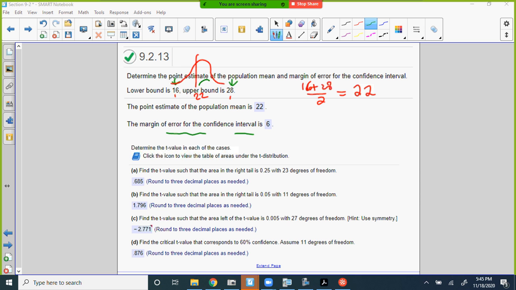Well, how far is it from 22 to 28? It's 6. And how far is it from 22 down to 16? It's 6, right? And it should be symmetrical. So the error for the confidence interval is 6. You could do that by calculation, 22 minus 16 is 6, and 28 minus 22 is 6 as well, or you can draw it out. Either way is fine. Any questions off that?